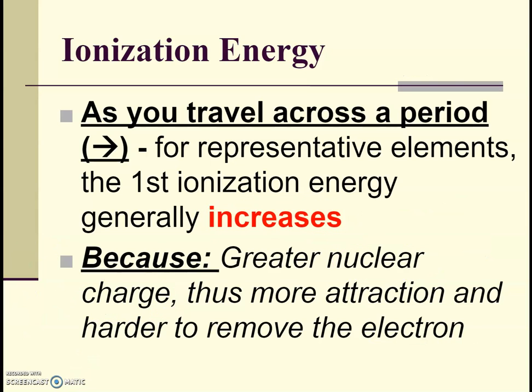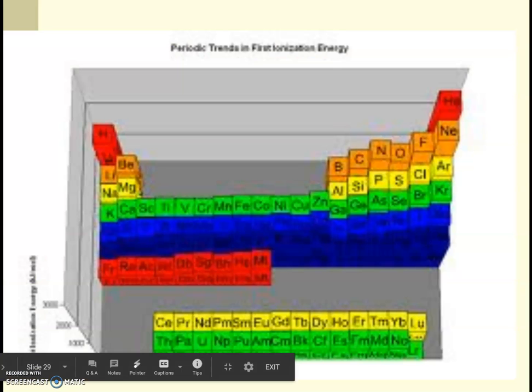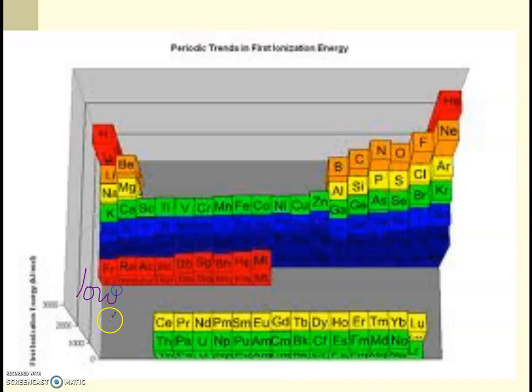So what you'll see is that for ionization energy, this is where all the lowest ionization energies are, and this is where all the highest ionization energies are. So what side of the periodic table is going to make cations? Who's going to lose their electrons easier? This side.